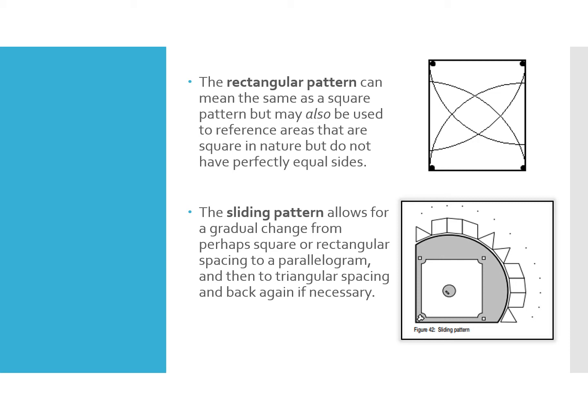And that's used mainly where you don't have much of a choice for that. And in this particular illustration, it's on a ball field where they kind of go back and forth along a curve between rectangular patterns and triangular patterns to meet the needs of that particular field.